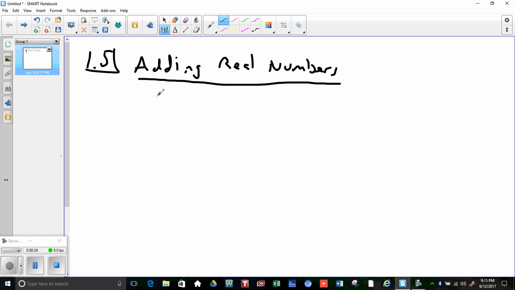Okay, so the concept is pretty simple, and we're going to go back to the whole idea of a number line when it comes to adding, and especially for 1.6 when it comes to subtracting.